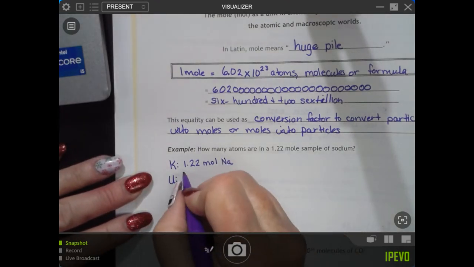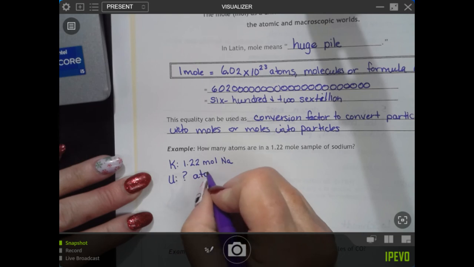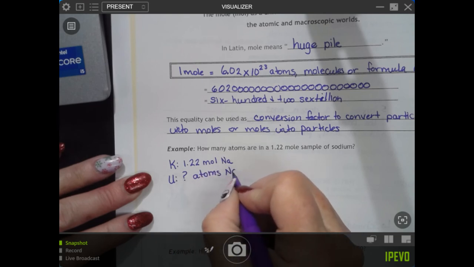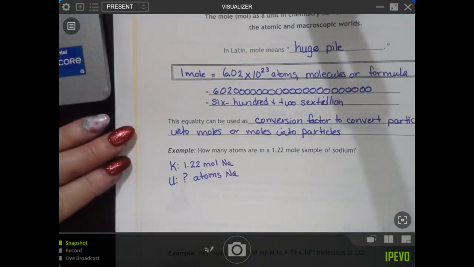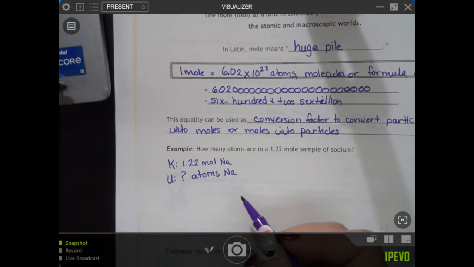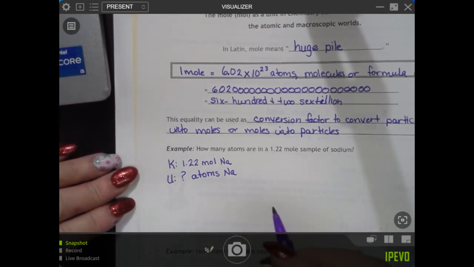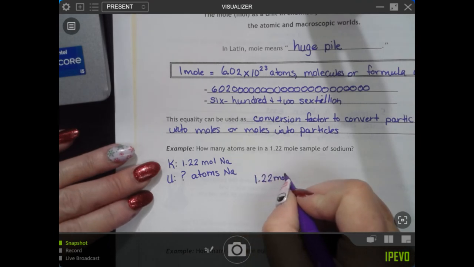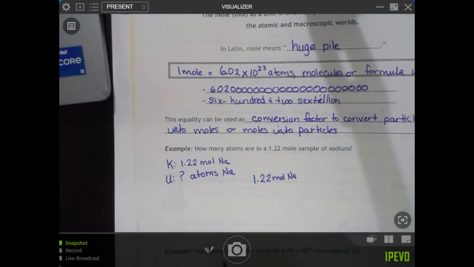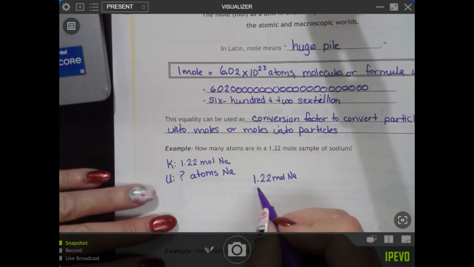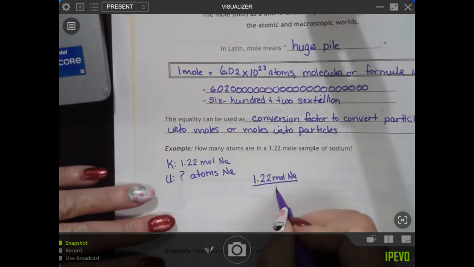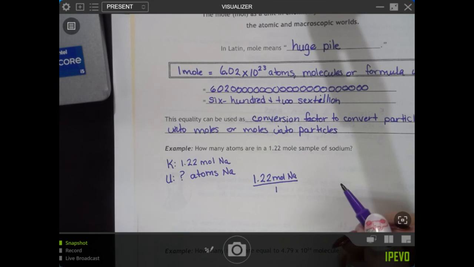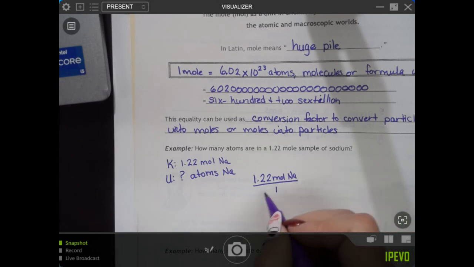We're looking for the number of atoms of sodium. We're going to set up a conversion. We start with our known, 1.22 moles of Na. I always put this over 1, because people just forget and put some number down there. Always put that first given over 1.